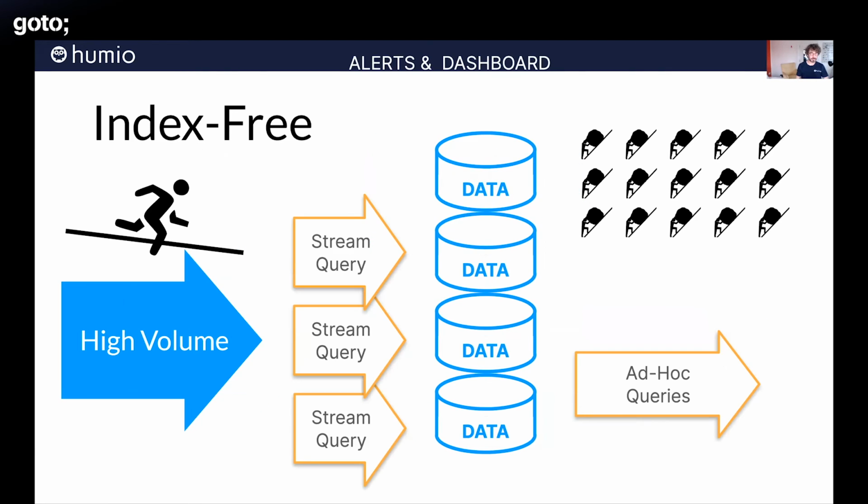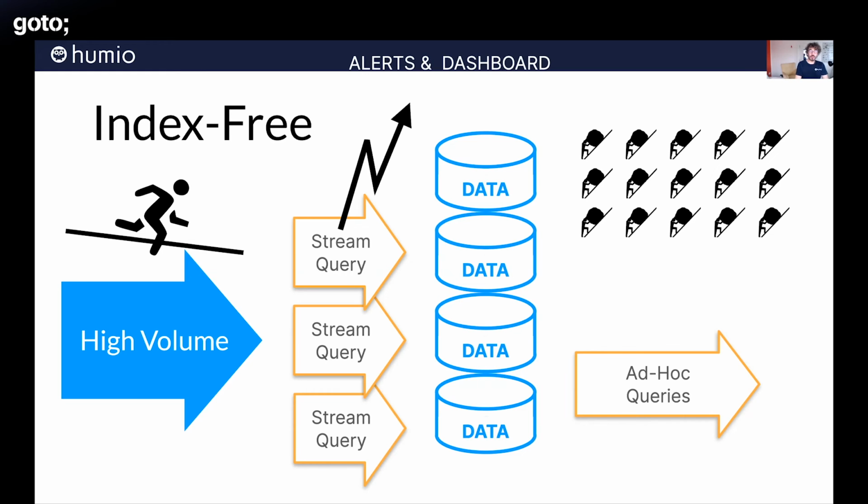So really the core architecture is this. You have a streaming query engine in front of this. Before the data is put into the data store, we allow streaming queries that can drive alerts and dashboards. And that's our own query engine. And then we have the data store that you would use for interactive ad hoc searches.